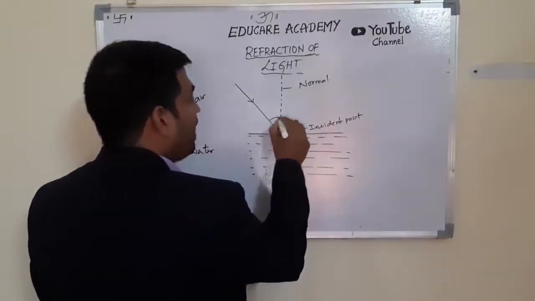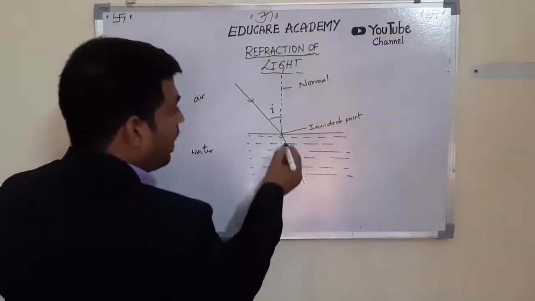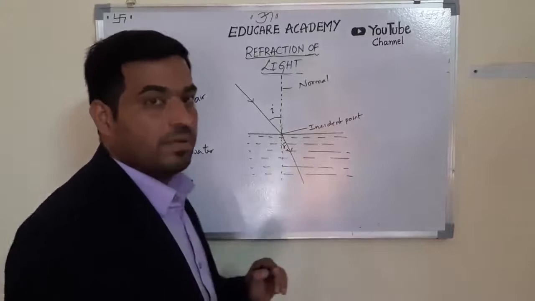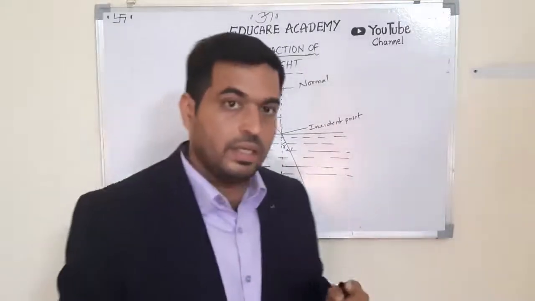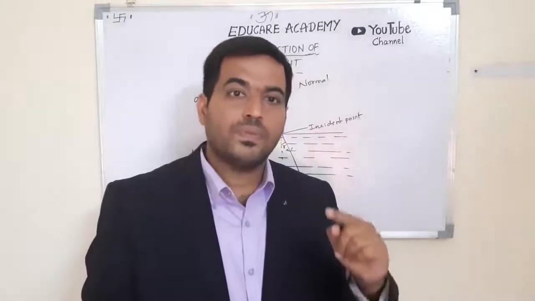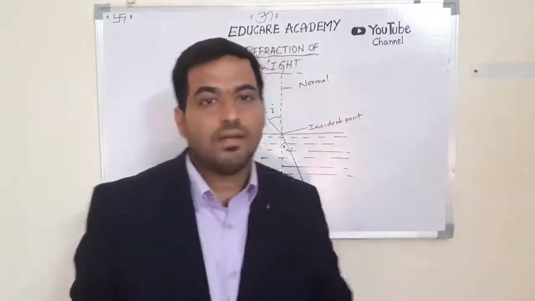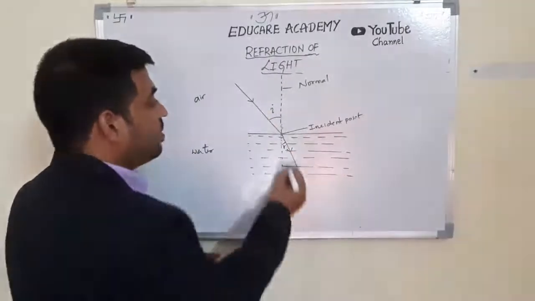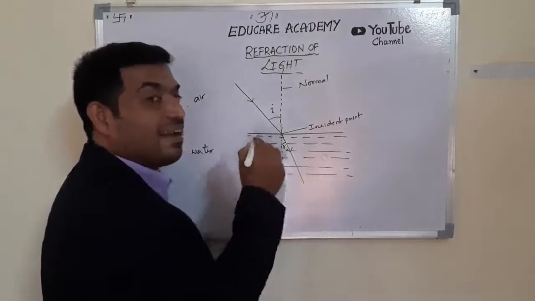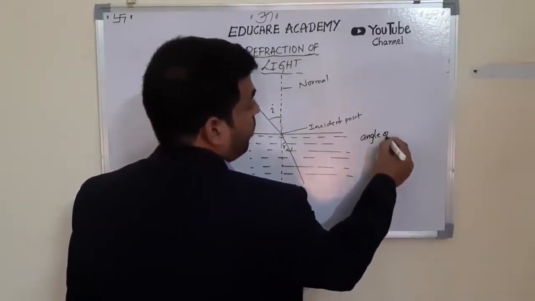Now this angle can be taken as i, and this angle can be termed as r. In the reflection topic, we took the angle of incidence and the angle of reflection. Here the angle of incidence is the same, and this is termed as the angle of refraction.